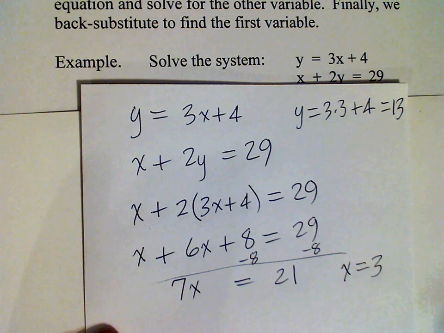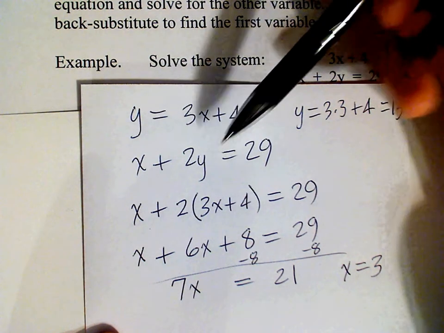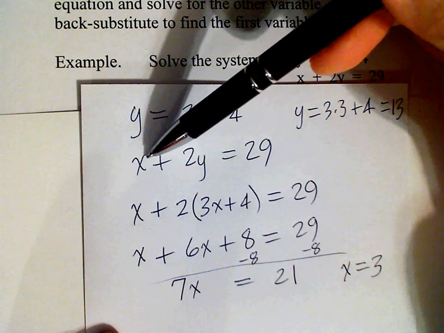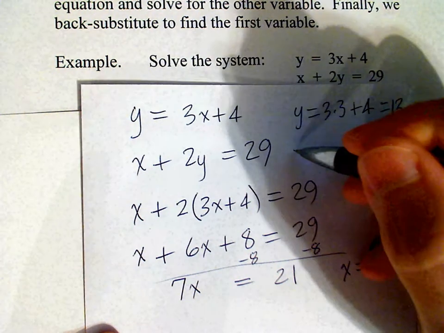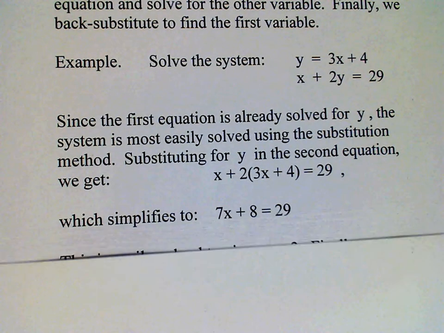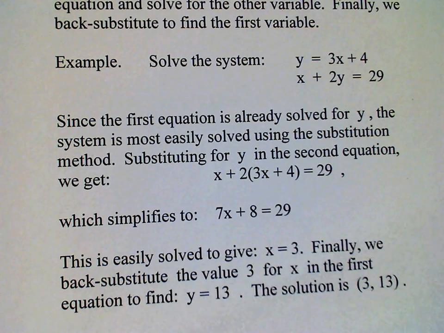Well, let's just check that in the second equation. If x is 3, then we have 3 plus 2 times 13. 2 times 13 is 26. 3 plus 26 is 29. So that gives us a check. Okay, and the solution is outlined here in the notes.